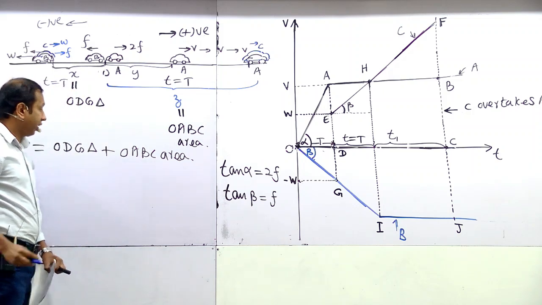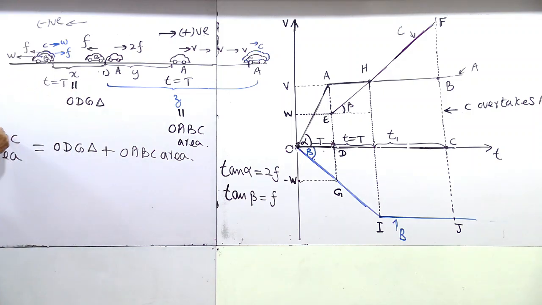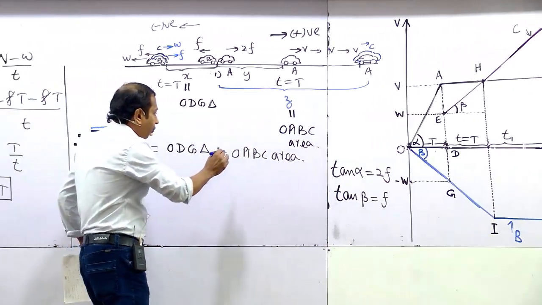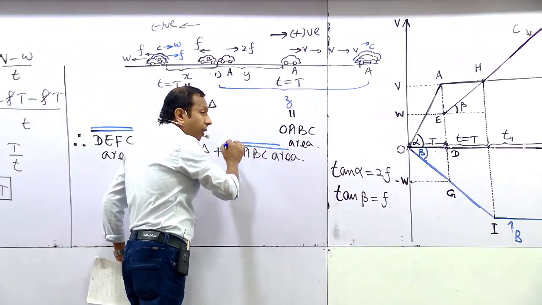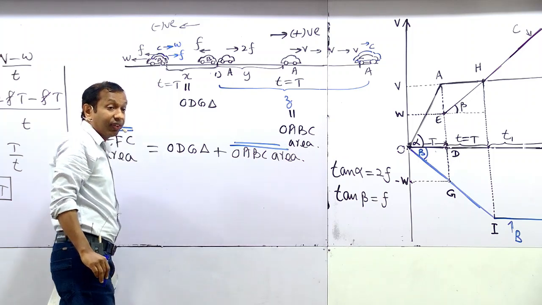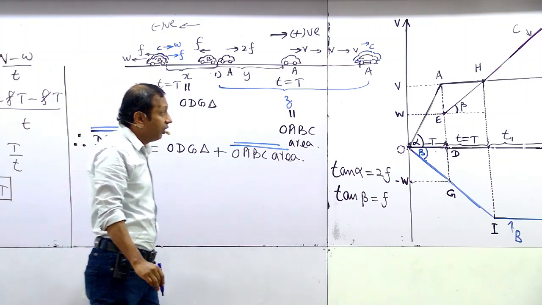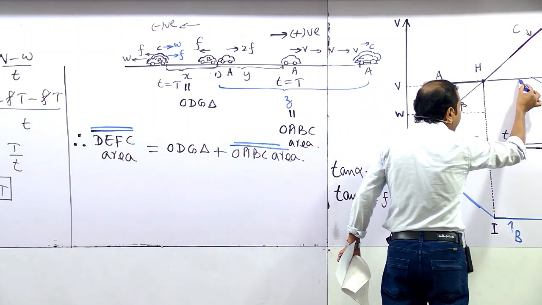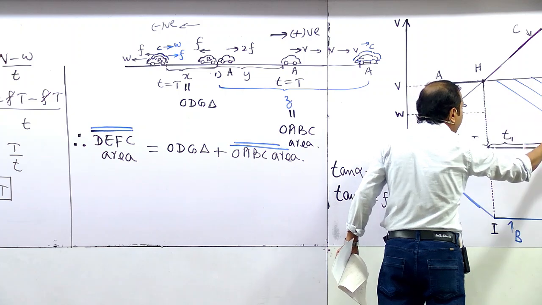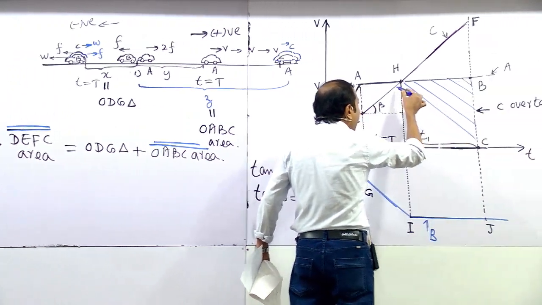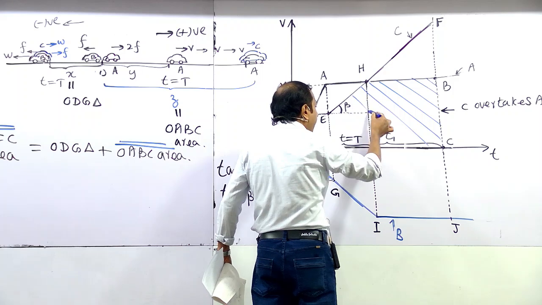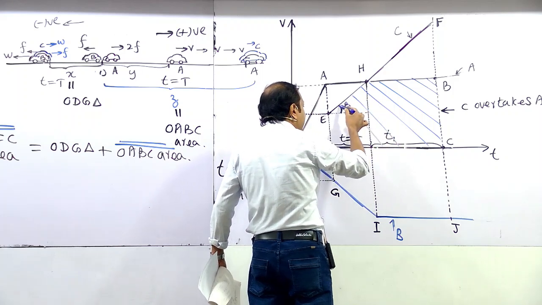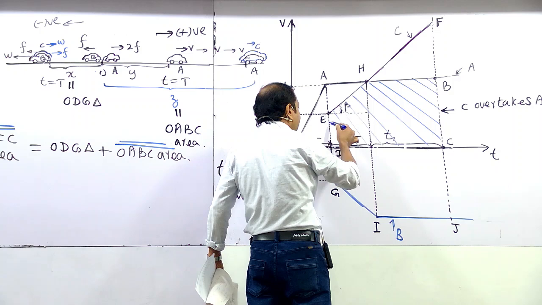Can you identify? What I am trying to tell you is that for this one and for this one, there is a common area. What is that common area? You can see the common area is this, no? Can you see this is the common area for both?